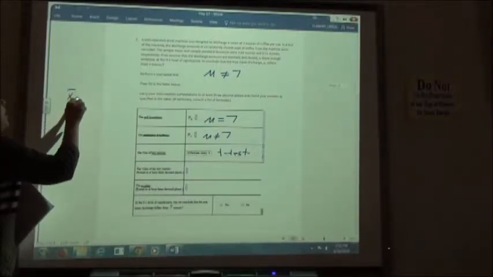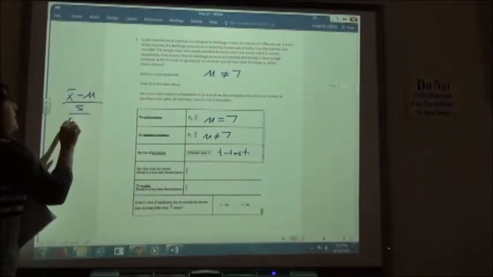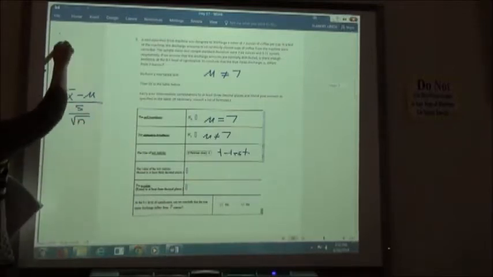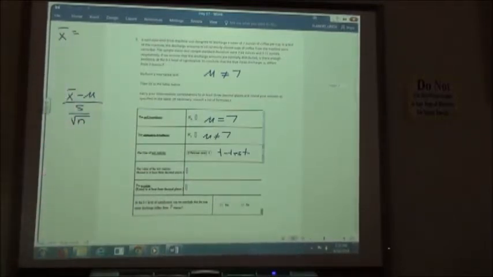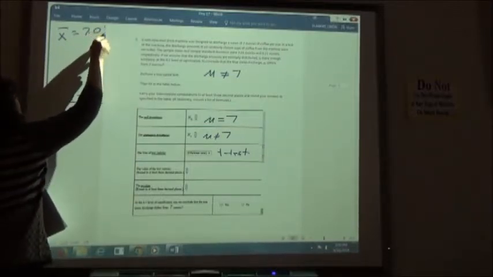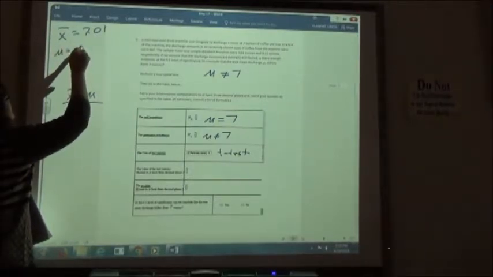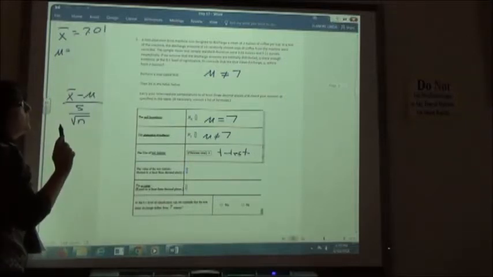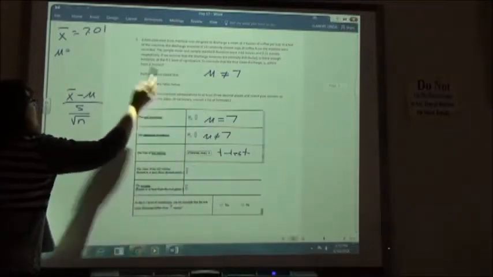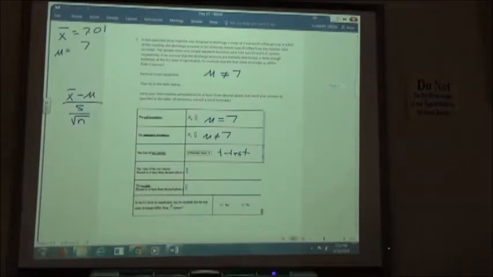So we want x bar minus the mean over s over the square root of n. The sample mean was 7.01. The mean we're comparing it to is 7.